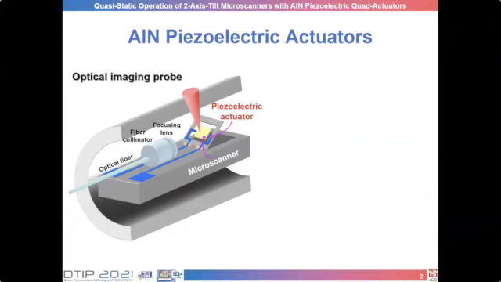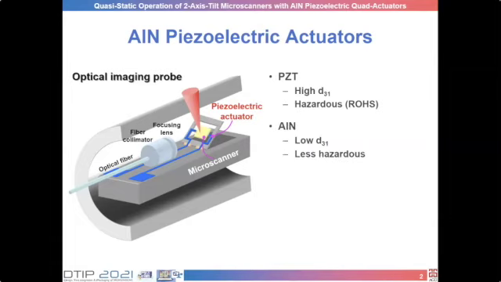For the microscanner actuation, a piezoelectric one was selected for its low operation voltage. As a material, PZT has been most widely used for its high piezoelectric coefficients, but its lead content becomes an issue for various applications, such as biomedical imaging.